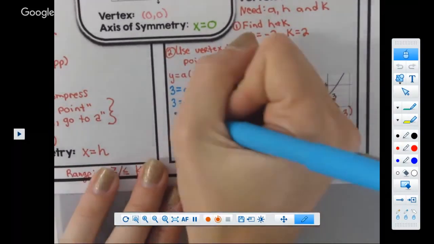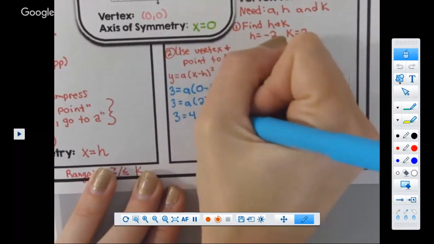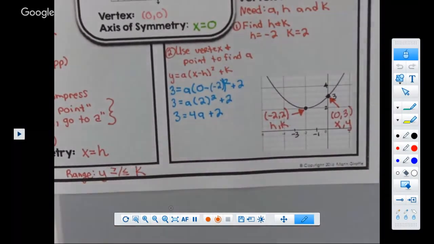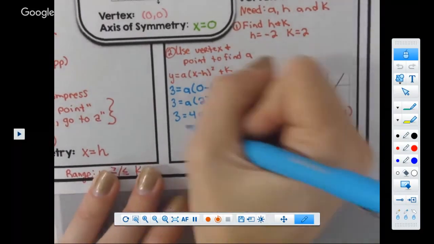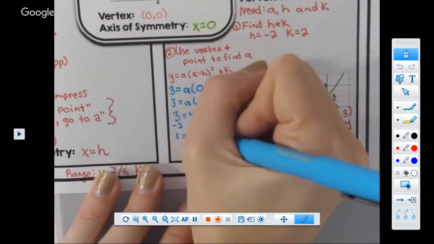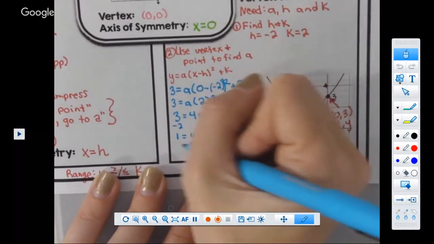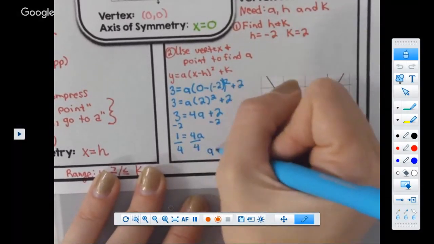So here's what we're looking at. 3 equals 4A plus 2. Is this something y'all can solve? Get pieces in the right place. I'm going to subtract 2. So 1 equals 4A. What does that make A equal to? 1/4.